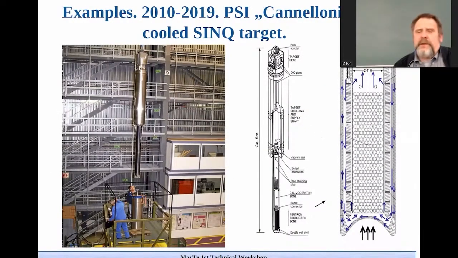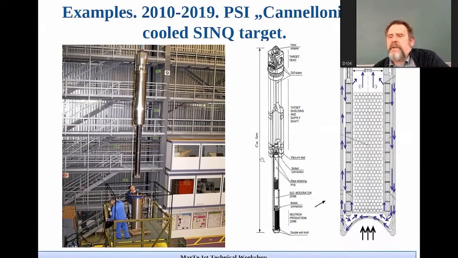Their usual target type was a solid target, composed of a number of rods filled with lead and cooled by water, which flows around them. The proton beam is coming in from downstairs, where you see those arrows.